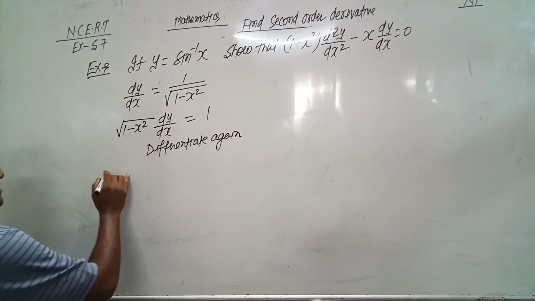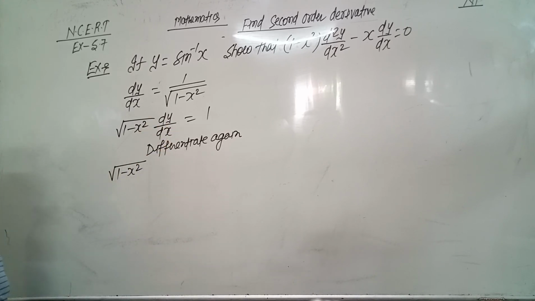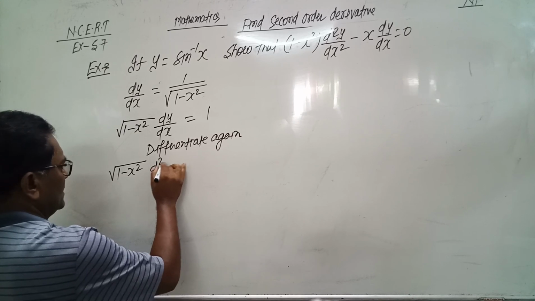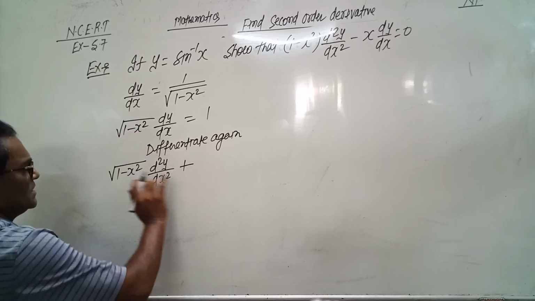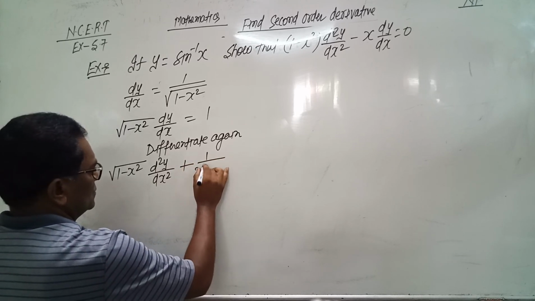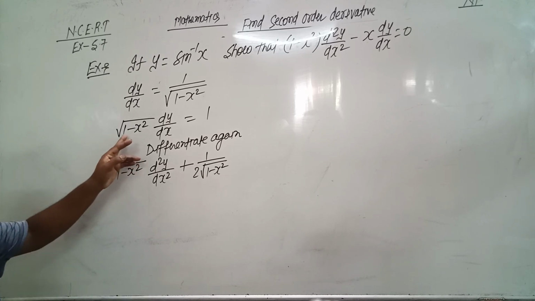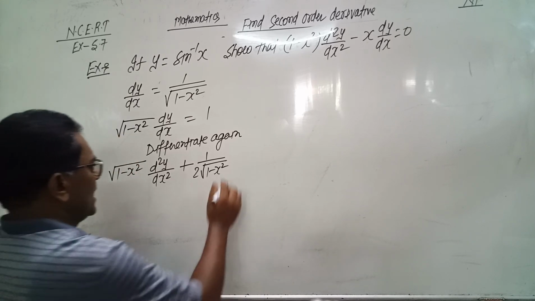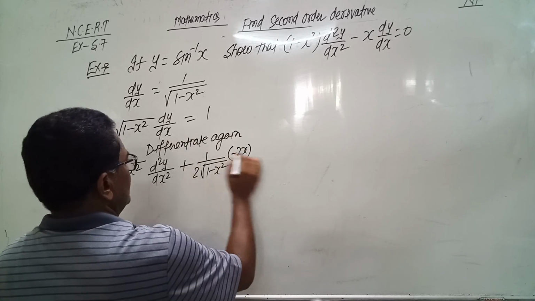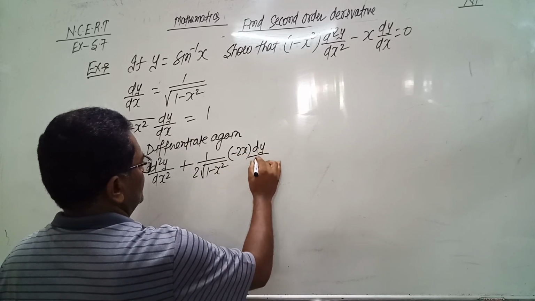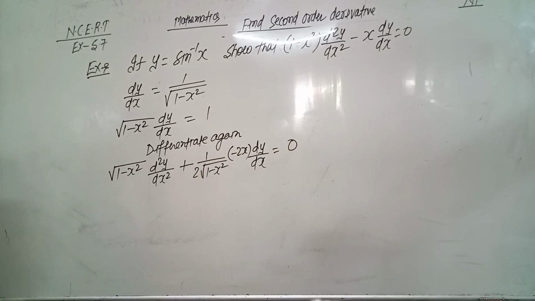So this will be differentiated in the form u into v. So differentiation of dy by dx is d2y by dx square, plus differentiation of root 1 minus x square, which is 1 by 2 root 1 minus x square. Differentiation of 1 is 0 and differentiation of minus x square is minus 2x, into dy by dx.